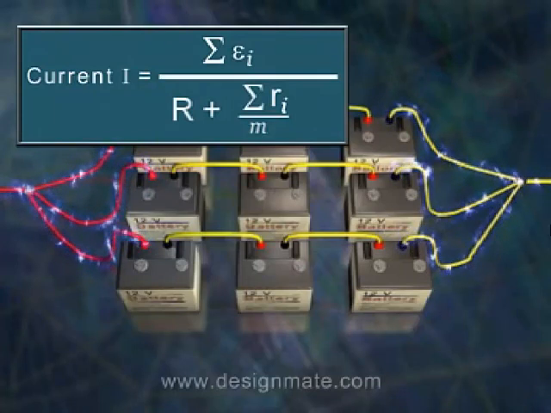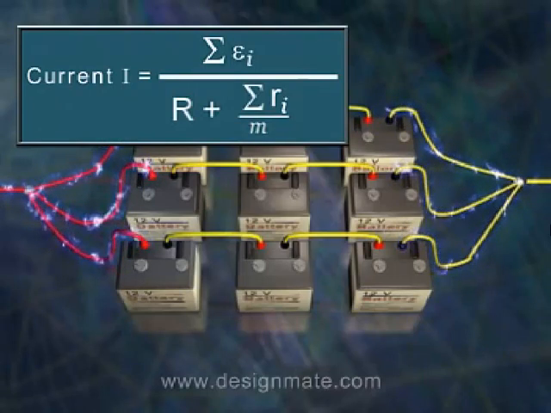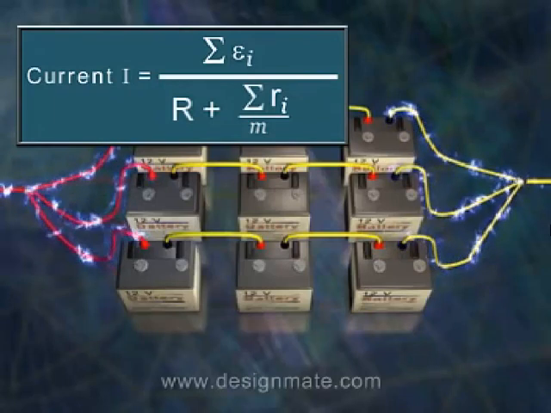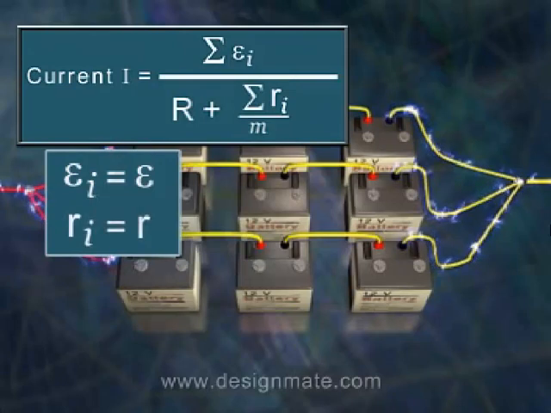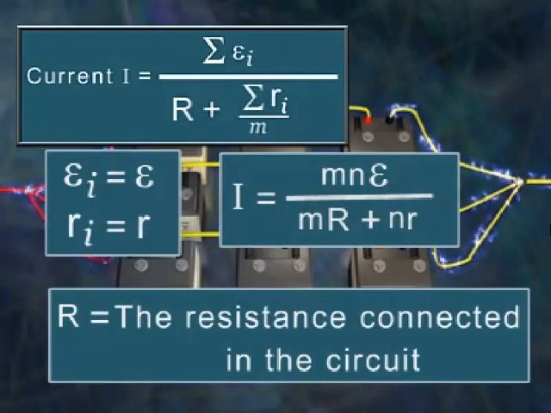Therefore, I is equal to summation epsilon i upon R plus summation Ri upon m. If epsilon i is equal to epsilon and Ri is equal to r, then I is equal to mn epsilon upon mR plus nr, where R is the resistance connected in the circuit.